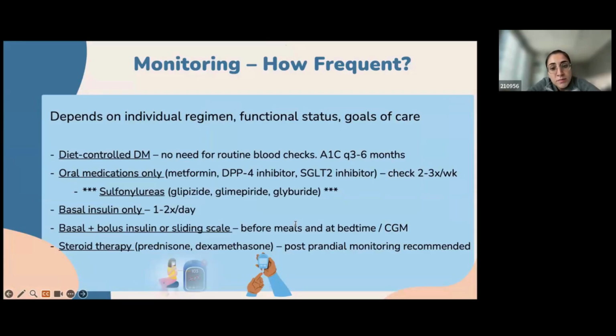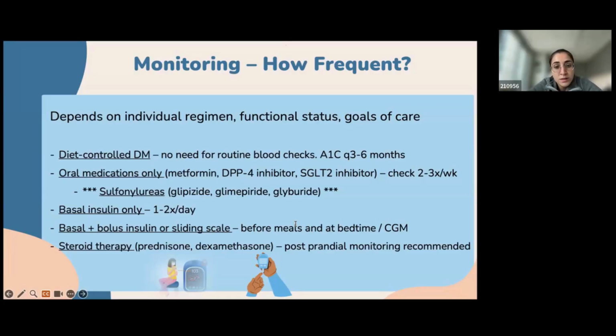For patients on oral meds such as metformin, DPP-4 inhibitors, SGLT2 inhibitors, then once or twice a week glucose checks are sufficient. And then the exception to that would be patients on sulfonylureas like glipizide, glimepiride, glyburide. For those patients, we want to do more frequent monitoring because we want to ensure the safety of these medicines due to the risk of hypoglycemia.